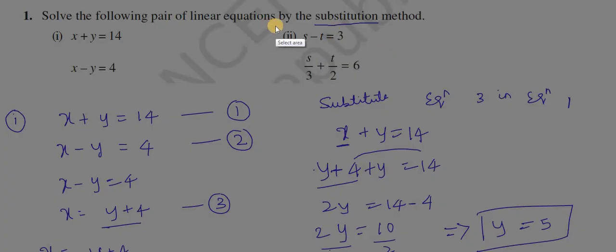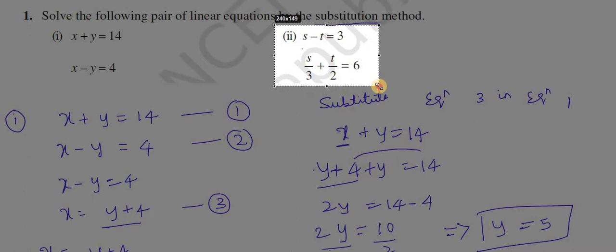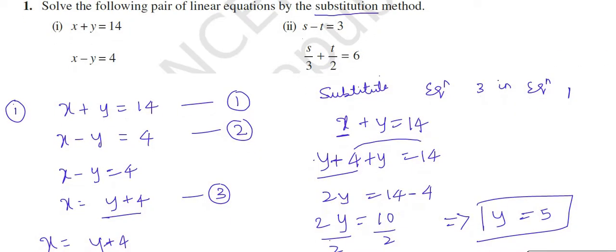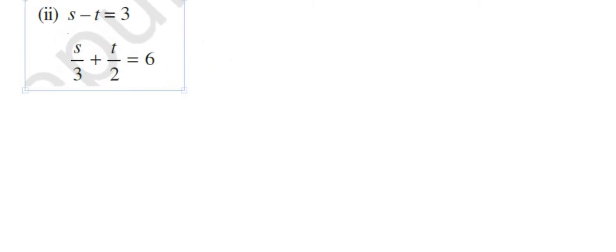s minus t is equal to 3, and also s by 3 plus t by 2 is equal to 6. Okay, we'll solve now. s minus t is equal to 3. Call this equation 1. You write the question and call these equations 1 and 2. This is equation 2.